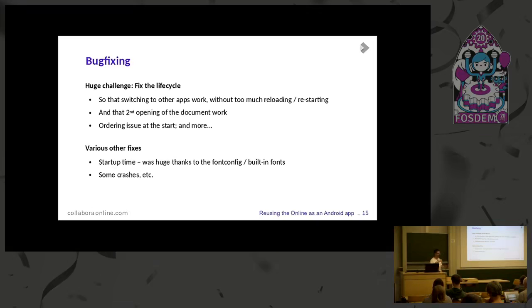When you are supposed to tear it down, when you are supposed to leave it in the background, because you know that you will return to some state very soon, and stuff like that. So we had lots of crashes there. Luckily, it seems to be in some reasonable shape just now.